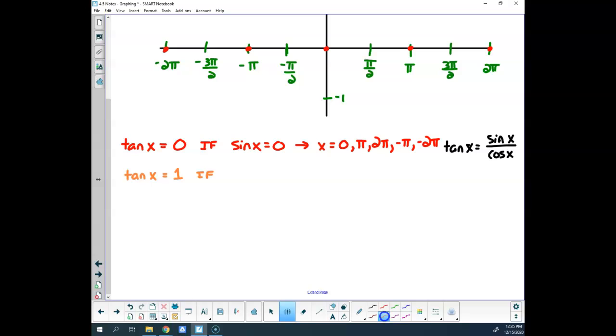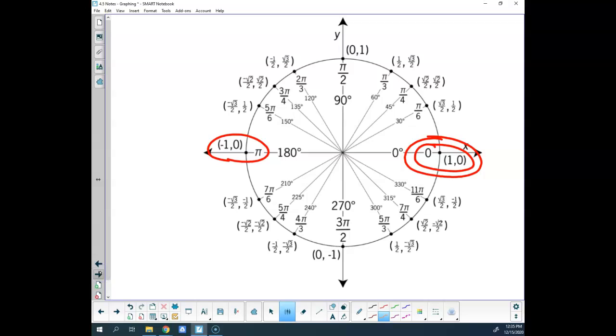Sine equals cosine. So where on my unit circle is sine equal to cosine? Pi over 4.